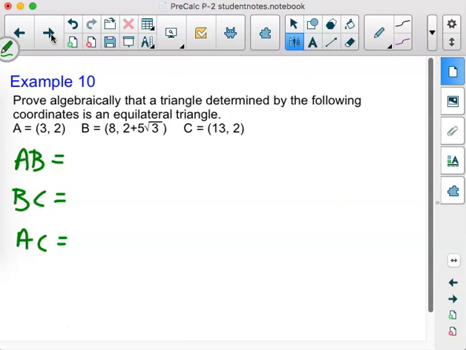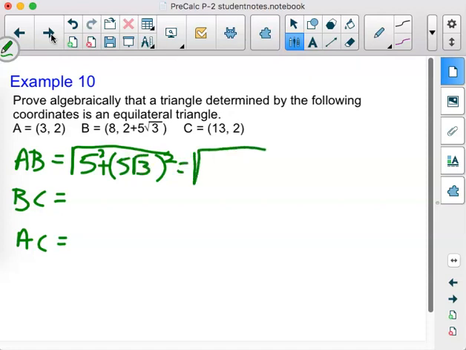From A to B. 8 minus 3 squared plus 2 plus 5 square roots of 3 minus 2. Hey, the 2's are going to cancel out. Well, 5 squared is 25. But when you square 5 square roots of 3, you have to square both parts.